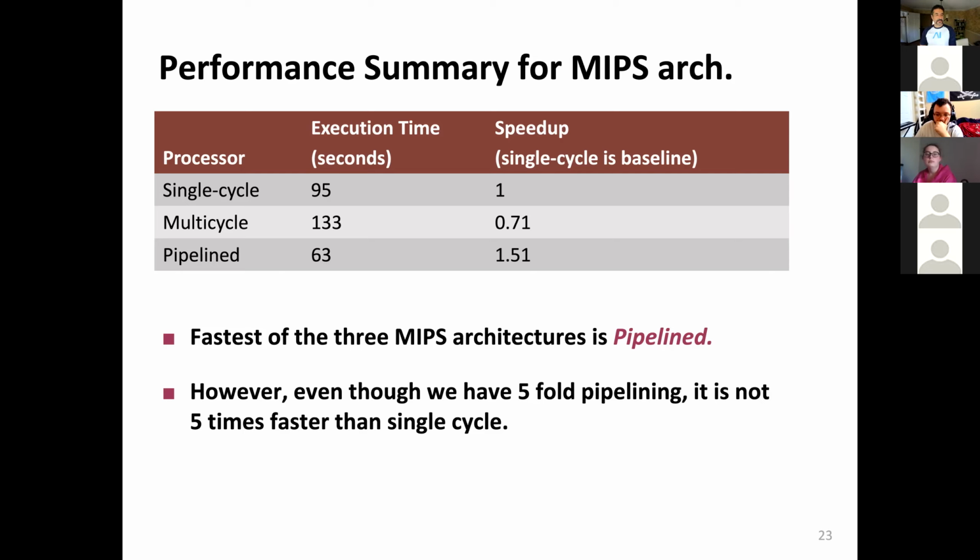Okay, so if you remember, we had an example that we analyzed, and we derived the speedup that we get. The last column here is the speedup compared with the original baseline execution of the single cycle. So when we discuss a speedup, you should always ask yourself, what is the baseline?